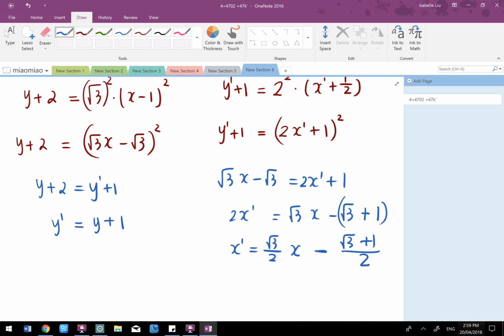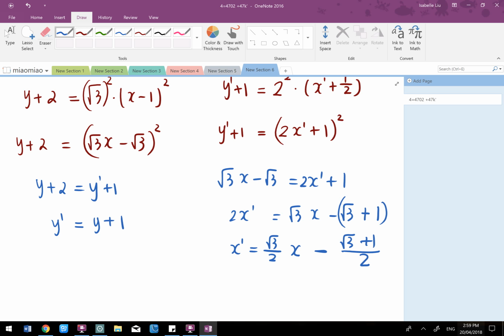What's root 3 approximately? 1.7. You need to remember 1.7. What's root 2? 1.414. Root 5?